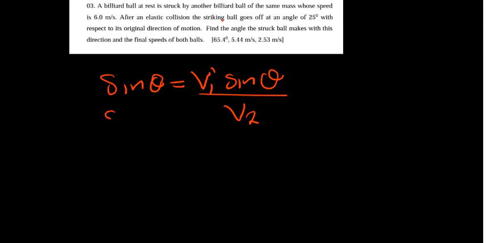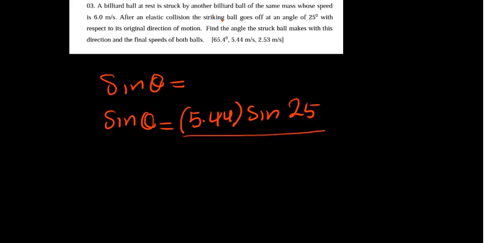Therefore, our sine theta is equal to, what was our final velocity for ball 1? We found out that it was 5.44, multiplied by sine 25, divided by our v2, which was 2.53.